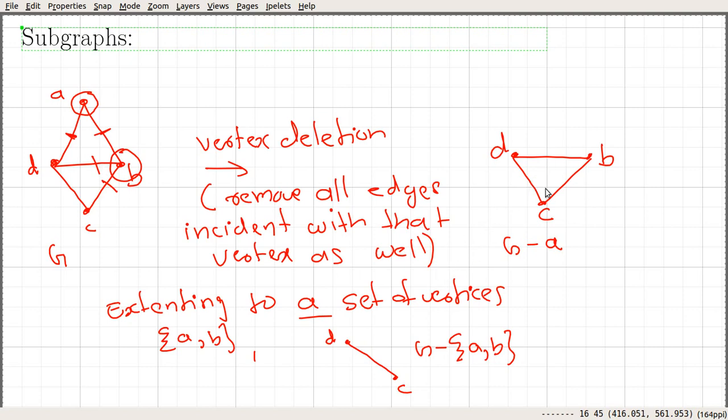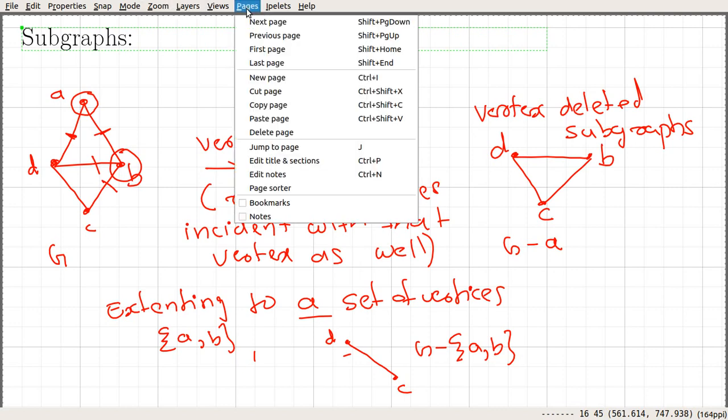This subgraph is obtained from G by deleting vertex A, and this subgraph is obtained from G by deleting the vertex set AB. These kinds of subgraphs are called vertex deleted subgraphs. So this is one way to obtain smaller graphs or subgraphs from larger graphs.